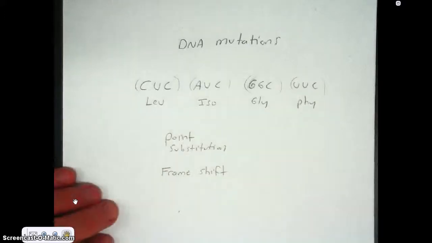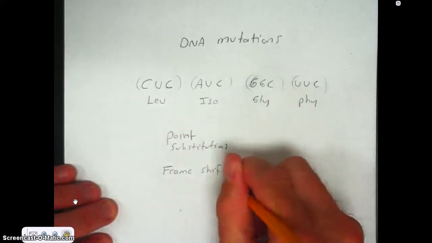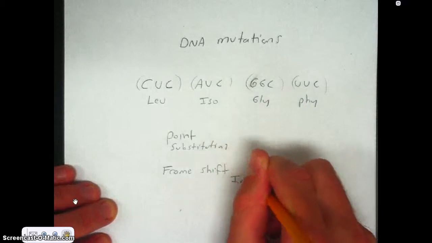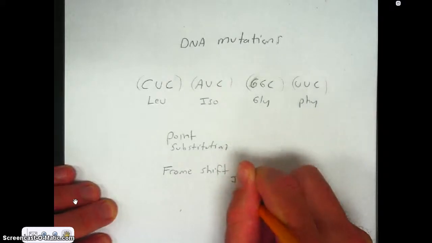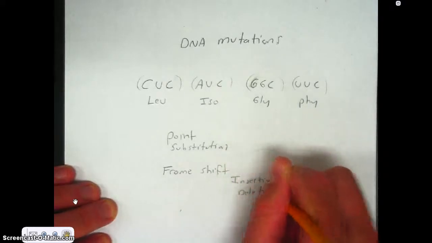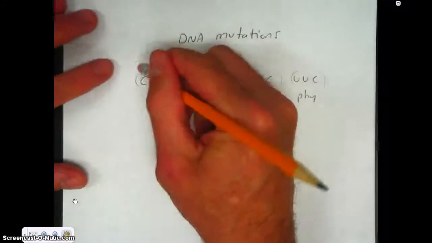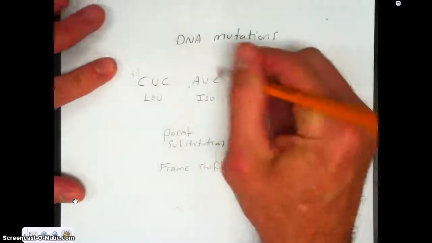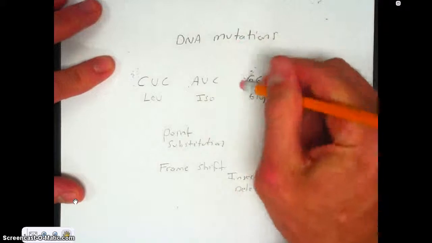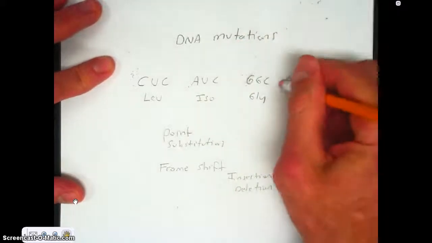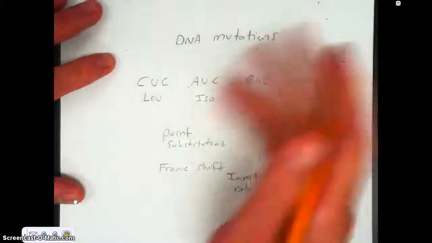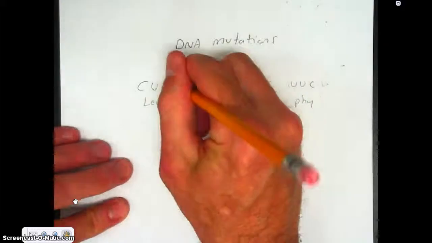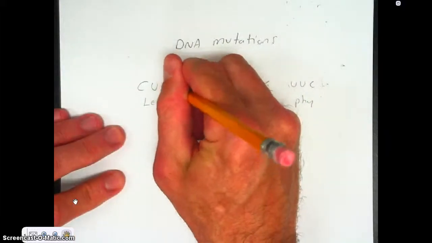There's 2 ways I can go about doing that. One of those is called an insertion. The other one is called a deletion. So I'm going to go ahead and erase these frames here that I drew on my strand. Imagine if a mutation occurred and another base was inserted, we'll say right here.